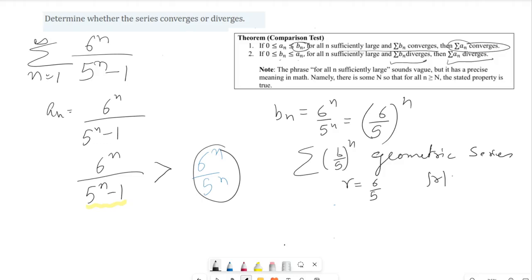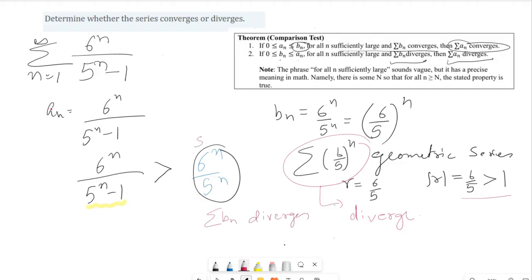Absolute value of r is 6 by 5, which is clearly greater than 1. So we know that this series diverges, because a geometric series diverges if the common ratio is more than 1. So sigma Bn is divergent, which is a smaller series.